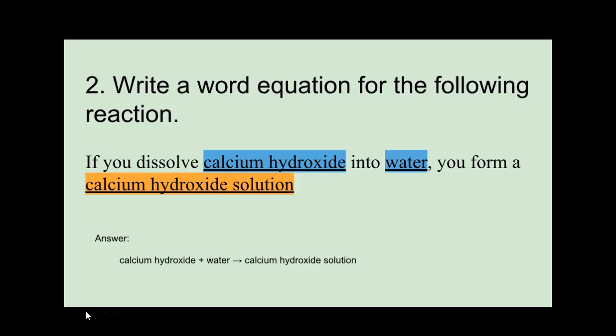For the first one here, we got octane here. Oxygen, where'd you get the oxygen from? This gives you a hint here. The second statement again: acid rain is formed when sulfur dioxide reacts with water in the air to form sulfurous acid.